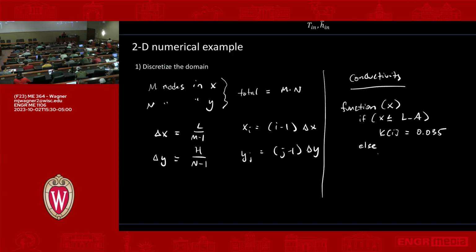Else, k_i is equal to 0.5, then end if, and end function. This in EES would allow me to change the conductivity based on position, and that's all I have to do. Then I can use k_i in my equation wherever I want, and it gives me the relevant value.